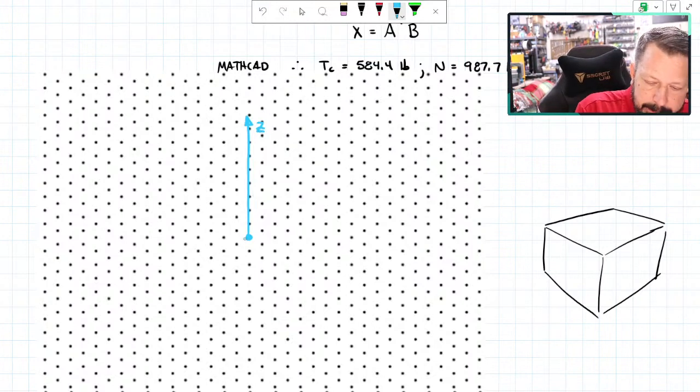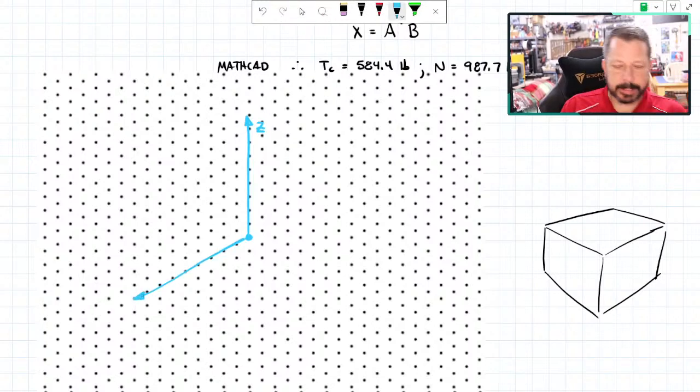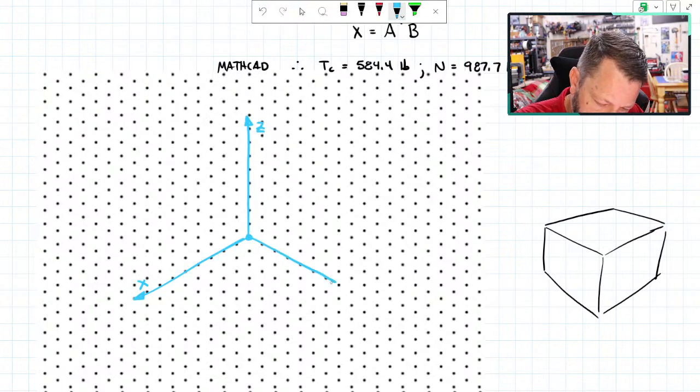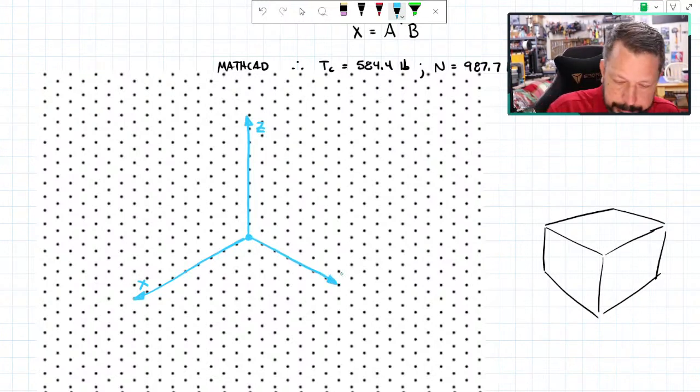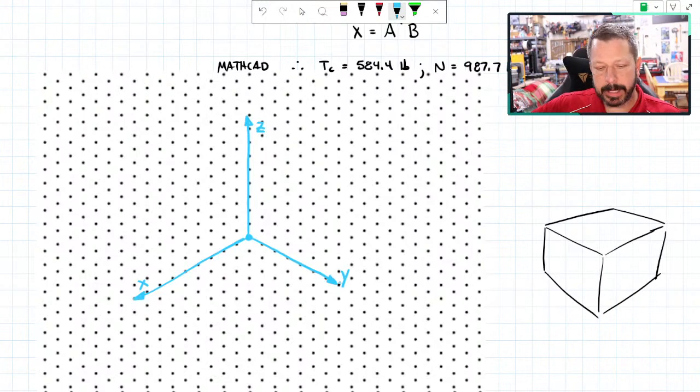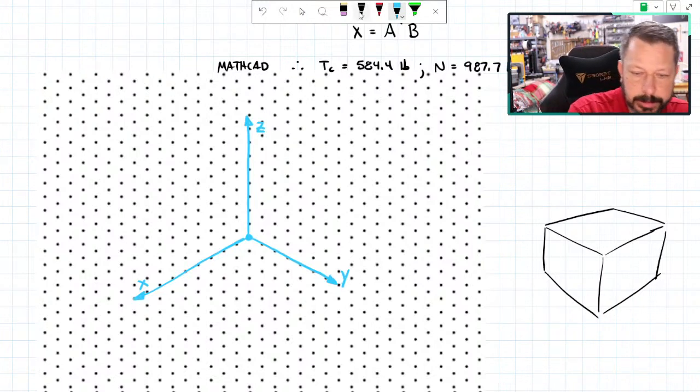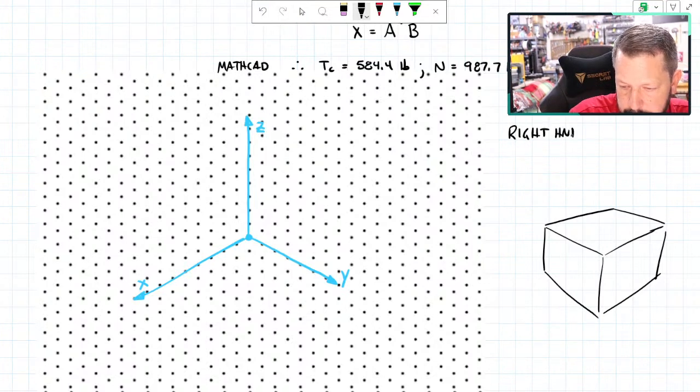So that would be my z-axis. Let's try to get it a little straighter. This is the x, and this one is the y. It matters which one you put here, x or y, because we have a thing called the right-hand rule.